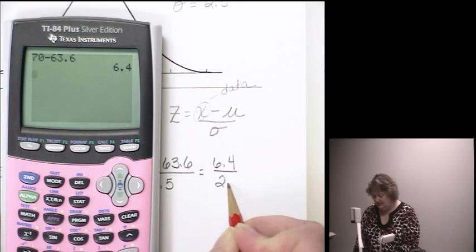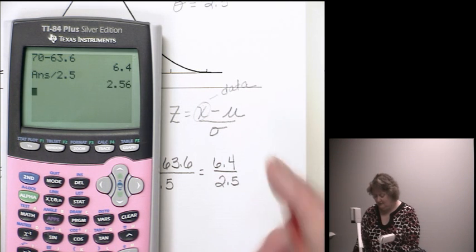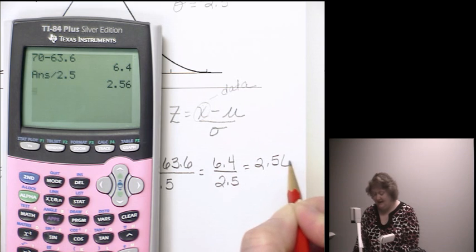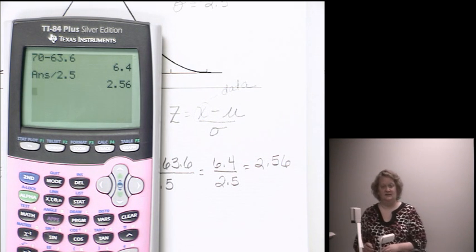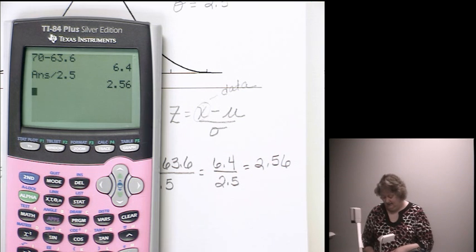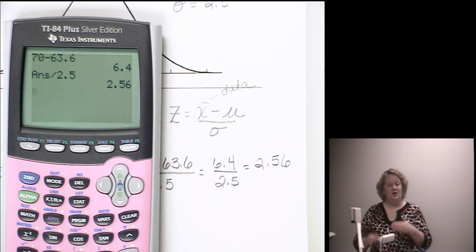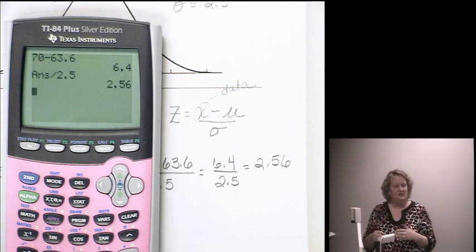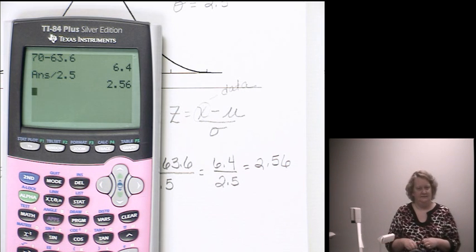Divided by 2.5 gives me 2.56 standard deviations. What that means is that I am 2.5 and a little bit standard deviations above the mean.